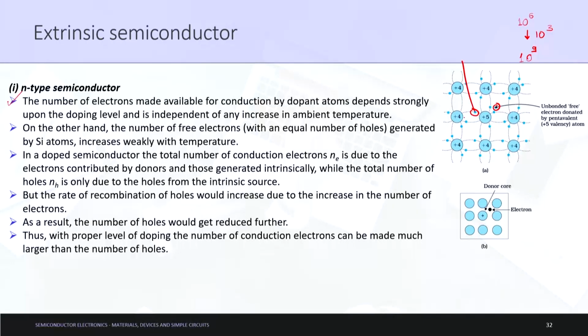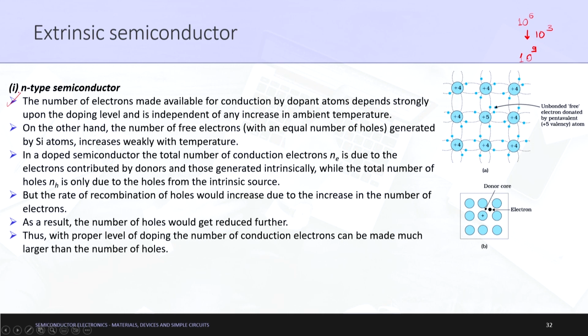What is happening here is, because there is no excitation and no removal of electrons, there is no generation of holes either. Hence there is no change due to change in temperature. Majorly, if you increase the temperature, there will be thermal energy. If that thermal energy is enough to cover the Eg value, there will be some excitation also, but the major conduction happens due to the unbonded free electrons in extrinsic semiconductors. Fine.